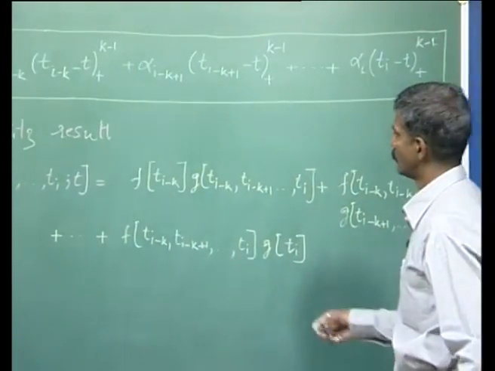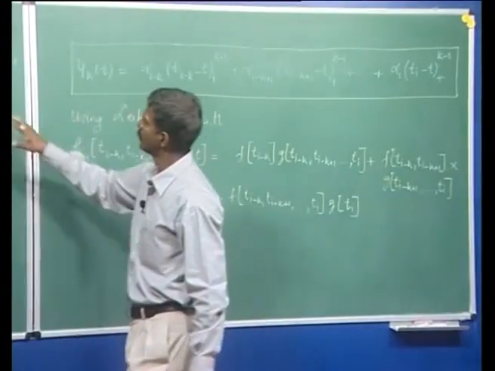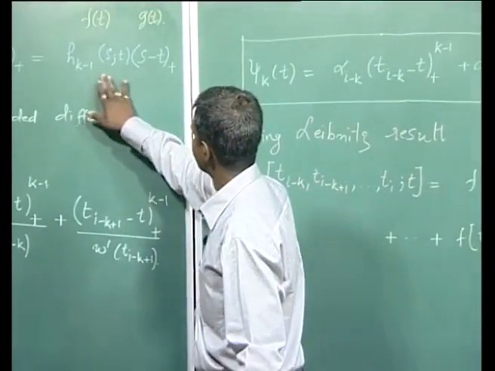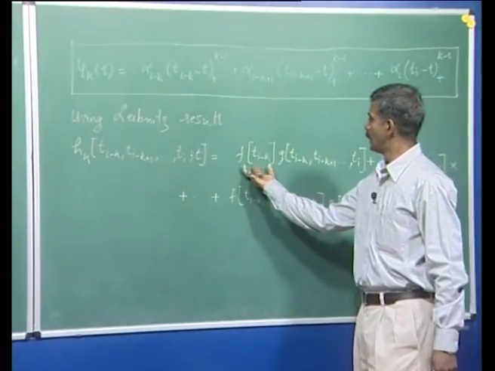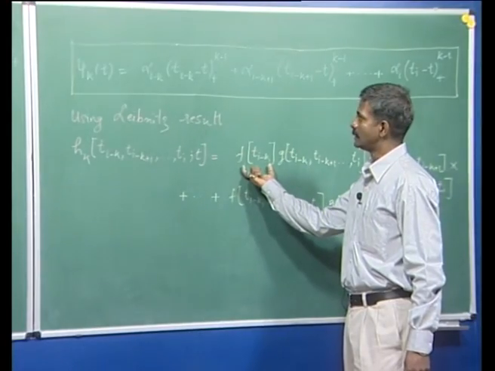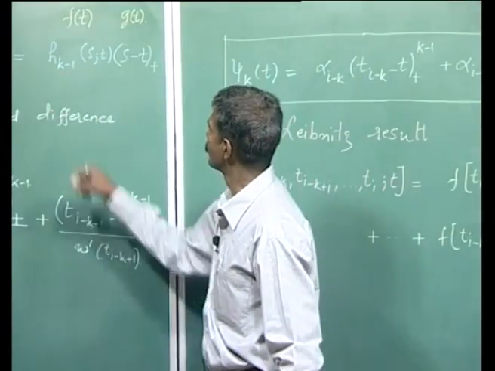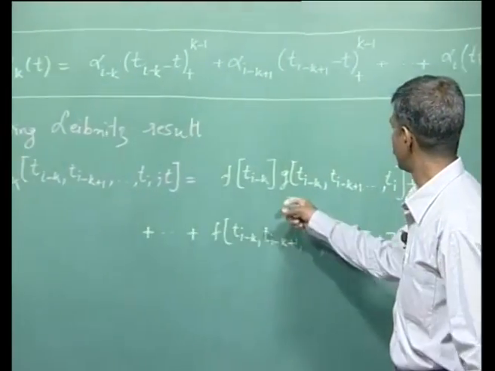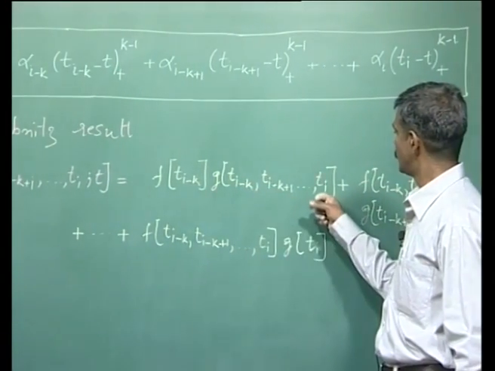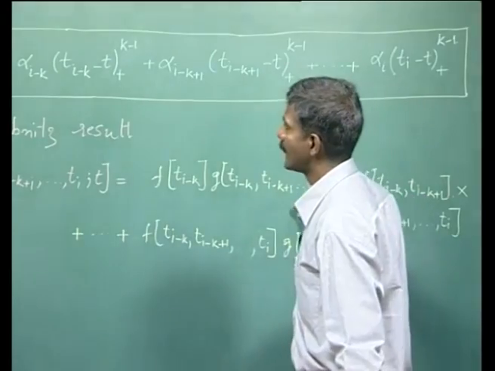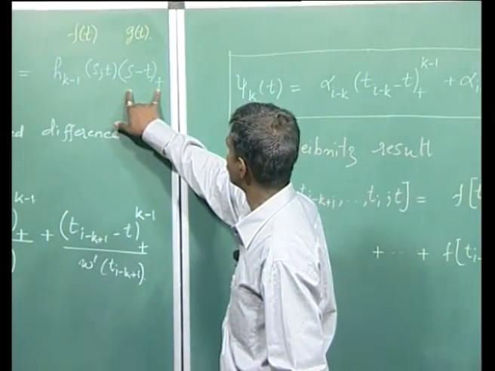Now let's try to relate these divided differences with the truncated power functions here. f of t_{i-k} is the 0th divided difference of h_{k-1}. g[t_{i-k}, t_{i-k+1}, ..., t_i] is the kth divided difference of (s minus t) truncated.